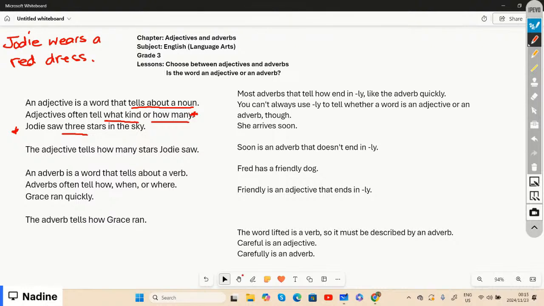Because remember we said that an adjective tells us how many, and for example we made an example where we said 3, and here it now says what kind. Jody wears a red dress. What kind of dress is Jody wearing?